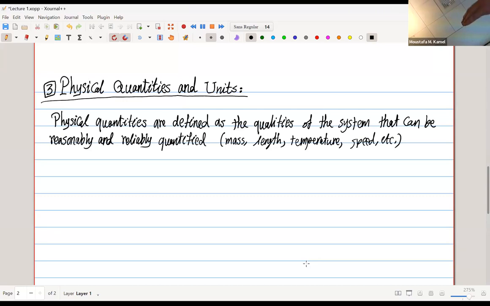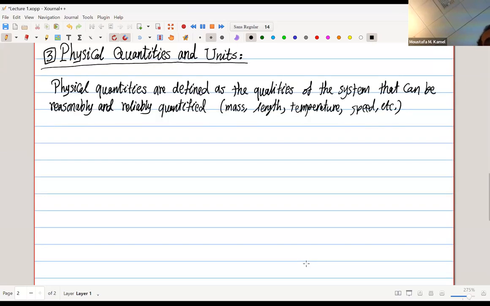For example, mass, length, and temperature are more fundamental than speed, because speed is length over time. So it's derived from more fundamental quantities. So physical quantities can be defined in two ways.